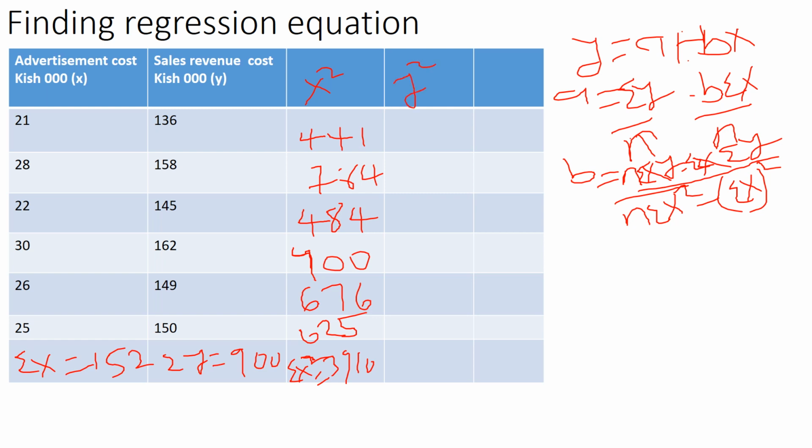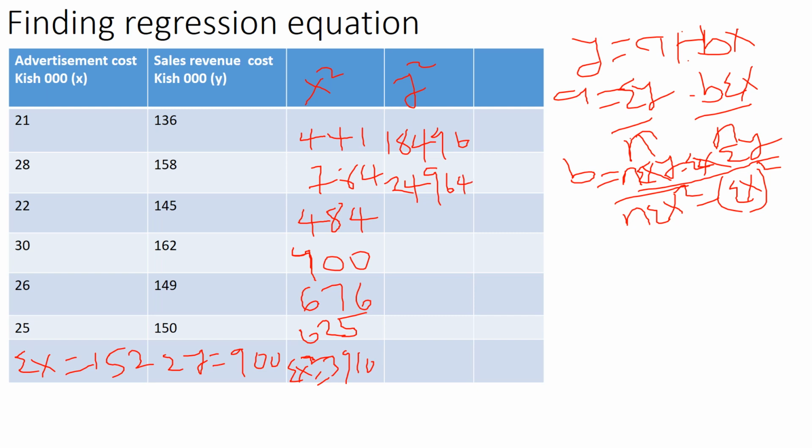And then the next column I need is the y squared column. So 136 squared gives me 18,496. Then 158 squared is equivalent to 24,964.